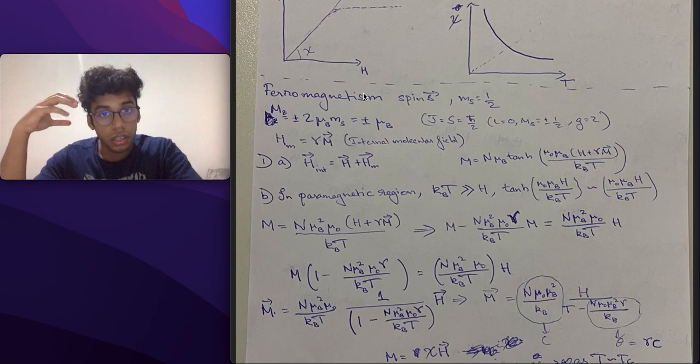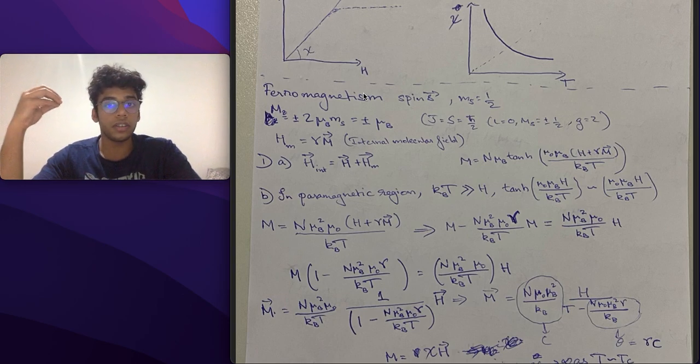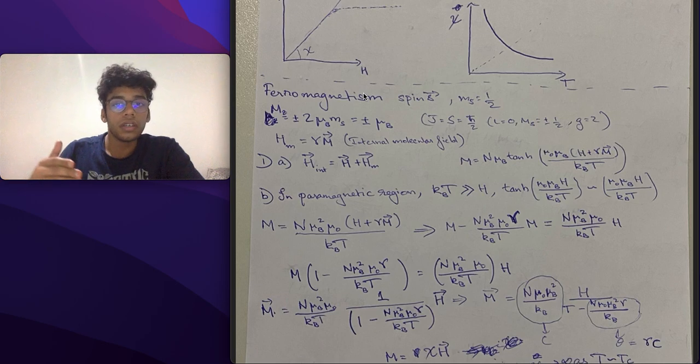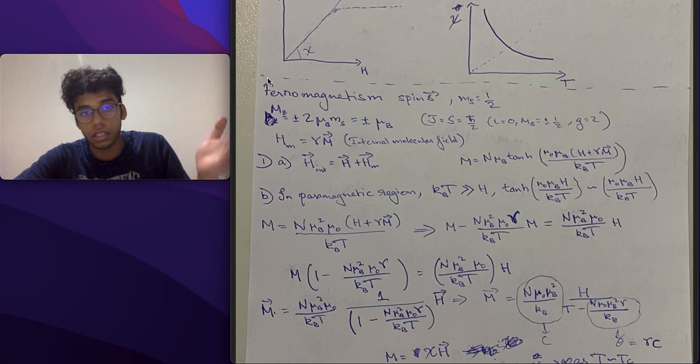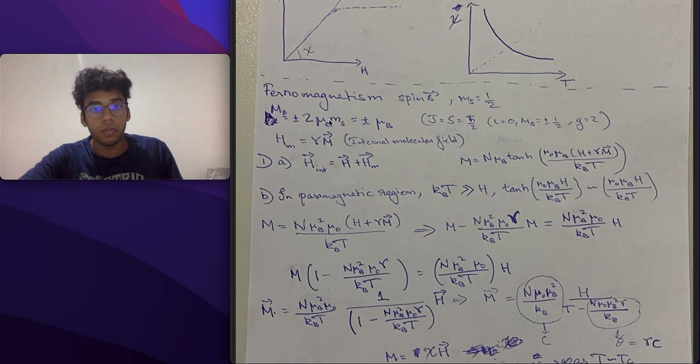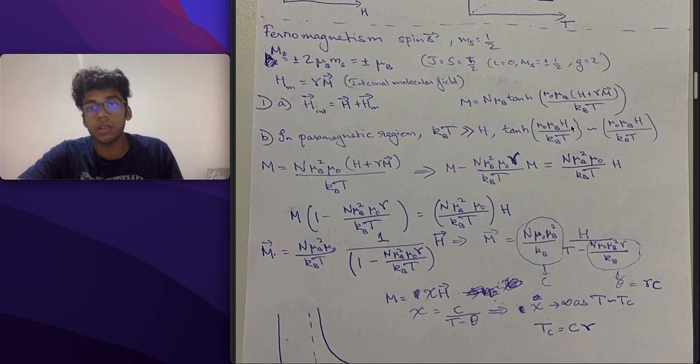So we call this the internal molecular field, and to deal with ferromagnets, we use the molecular field approach, right? Now magnetization along the z-axis is given by the same 2 mu_B m_s, which is plus minus mu_B, and again we're considering only spin, and no orbital momentum.